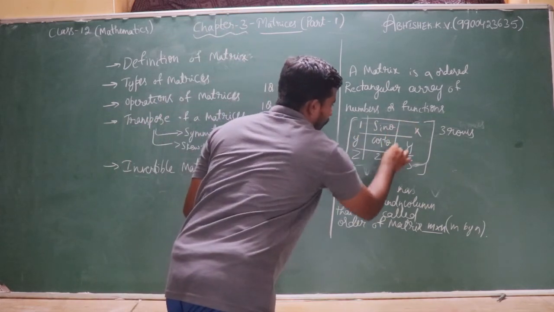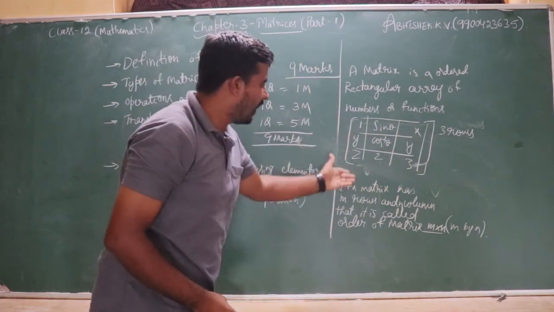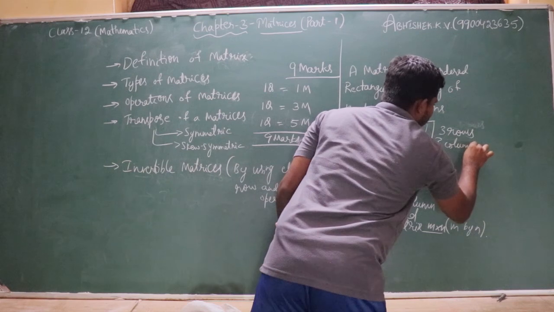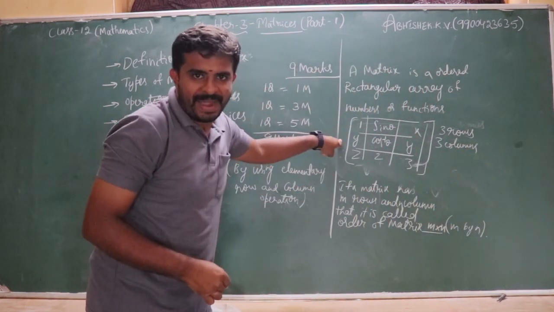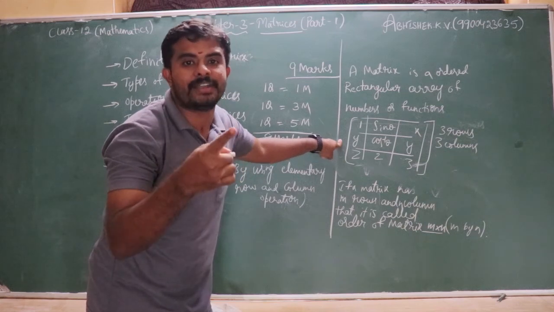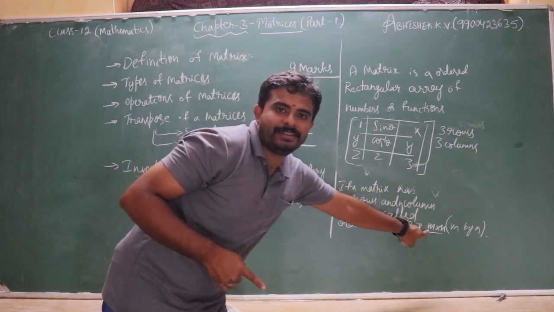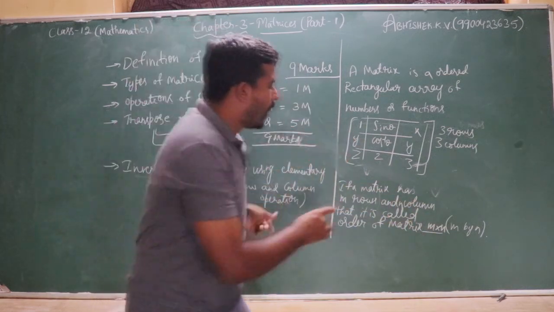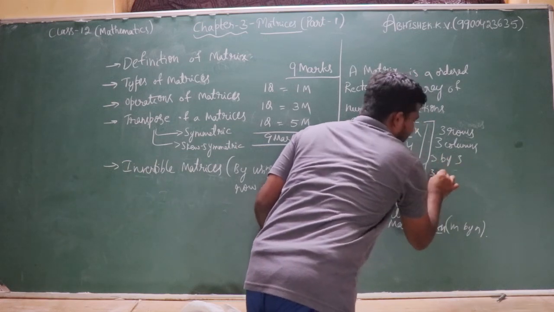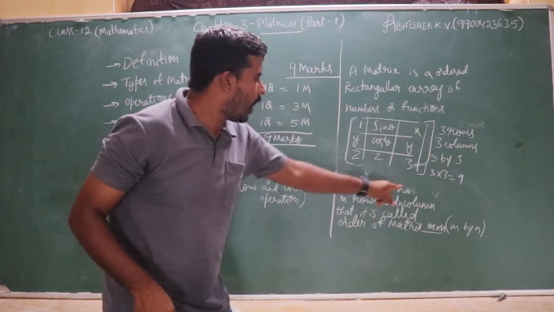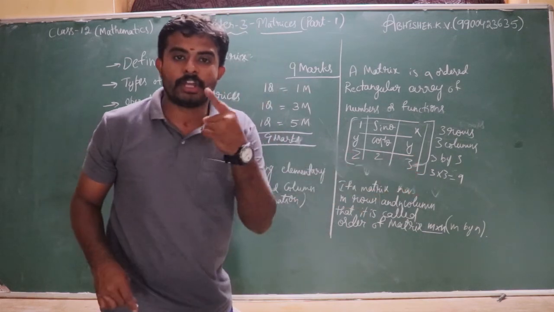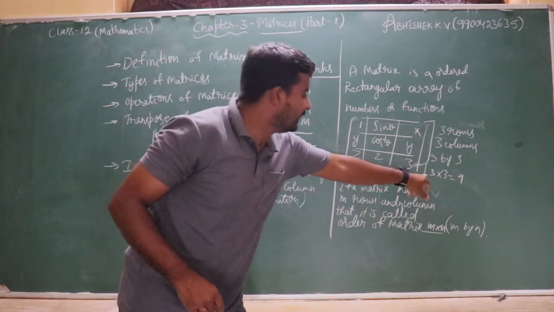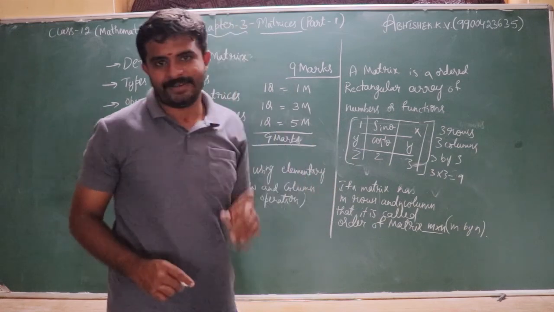See, 1, 2, 3. 3 columns. Therefore, this particular matrix is of order m by n, which is 3 by 3, that is 3 into 3, of order 3 cross 3. If the examiner asks how many elements you have, m into n, that is 3 by 3, that is 9 elements.